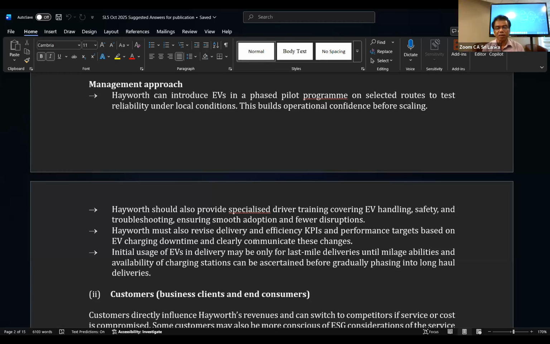Right now, if something happens with a manual vehicle, the driver can do something and deliver to the port on time. But if the driver doesn't know, or technical support is not available at that time, and the vehicle is stuck somewhere, then you won't be able to deliver to the port on time, right? Then maybe you can't send the shipment to the buyer on time.